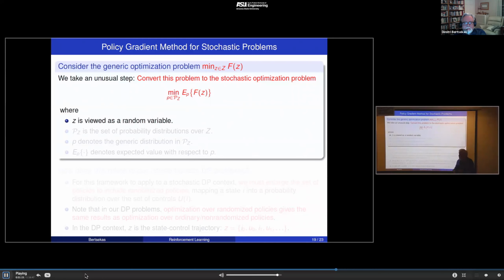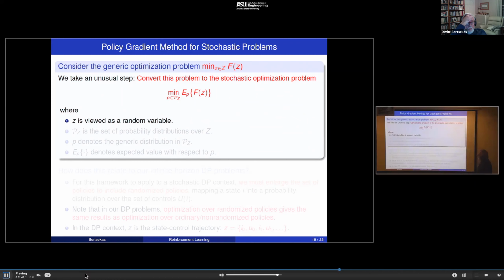Z lives in some constraint set Z, and we consider not points in there, but probability distributions over Z. Of course, the points themselves are probability distributions. They're atomic distributions. So this set of probability distributions is larger than the set Z, and this minimization gives you a lower bound to the other minimization, right?